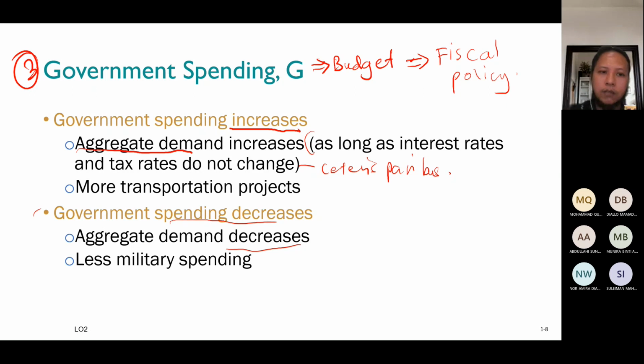Okay, and then for example, if the government cuts the budget for military spending, this will reduce government spending, right? So this is one of the, you can argue, criticisms of GDP calculation, because when you calculate government spending, for example, and the government spending is on military, most of the time military equipment is not productive in nature, right?